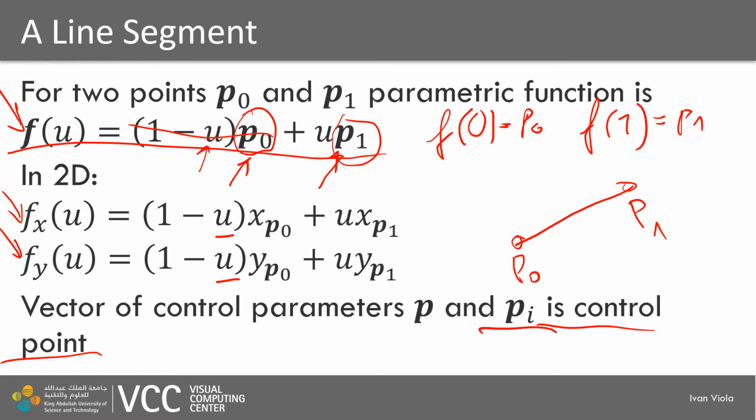It is intuitive to define the curves through such control points. For the lines, this is trivial. For more complex, higher degree polynomials, these will be points which the function should go across, or at least should be attracting our curve towards these points.